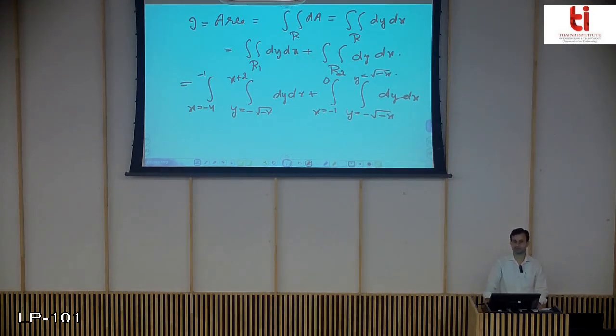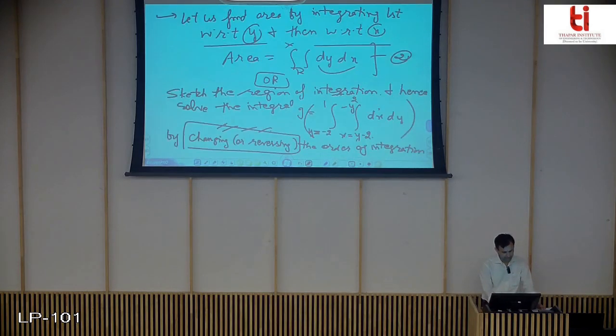However, for the questions where a splitting of region is there, mostly the questions are asked like this one, that force you to reverse or change the order of integration, because on changing or reversing the order of integration, there is definitely going to be splitting of region.